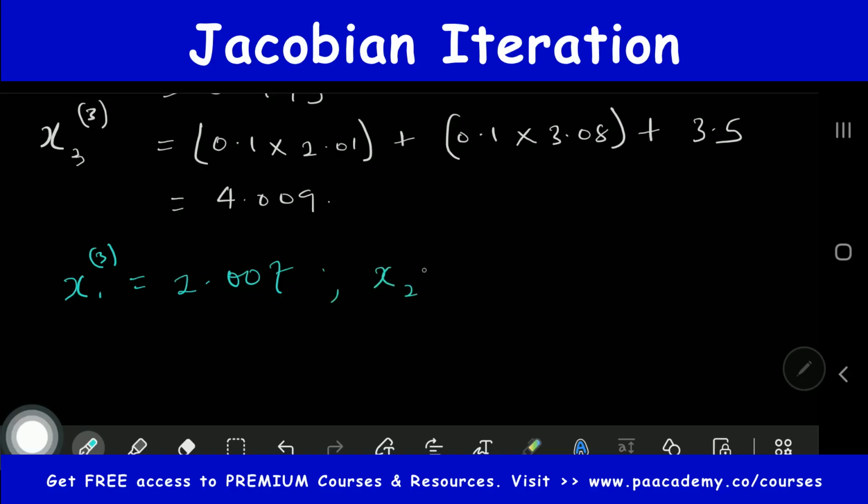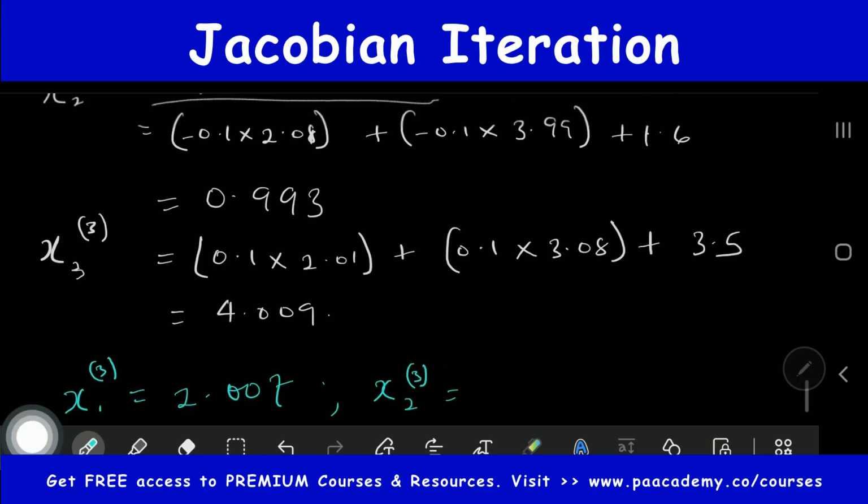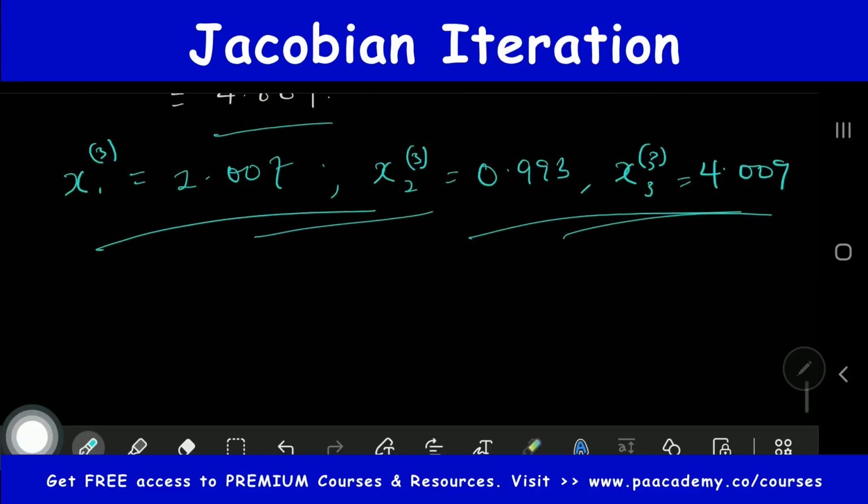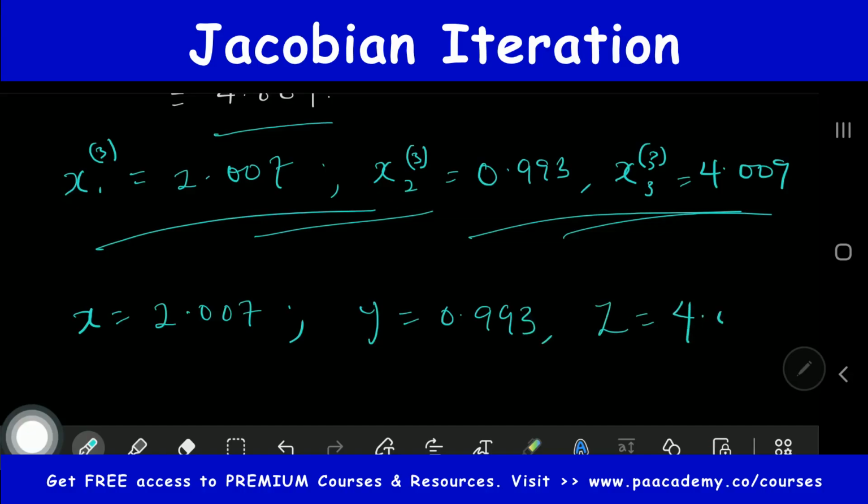Our x2 during the third iteration, we got to be 0.993, and then our x3 during the third iteration, we got to be 4.009. This is the answer. Depending on how you thought of it, you can take x to be 2.007, then y will be 0.993, and then z is 4.009.